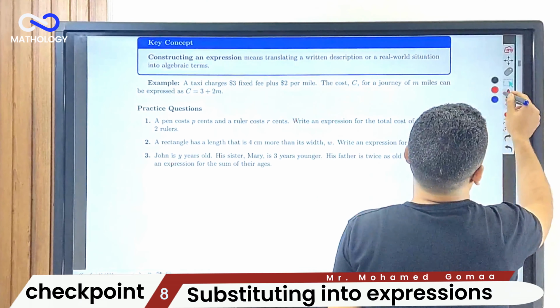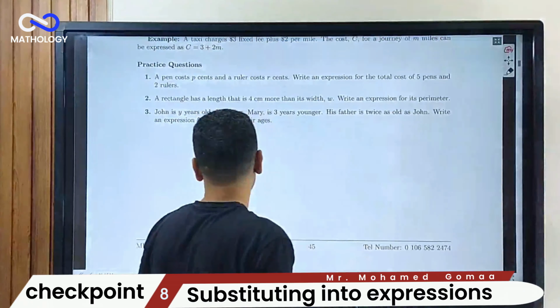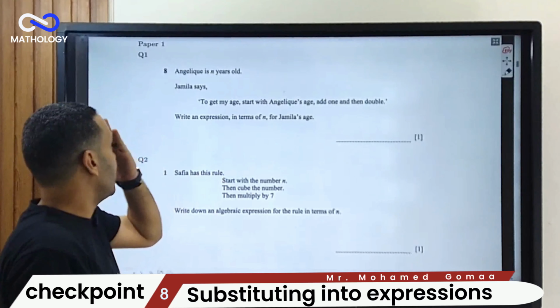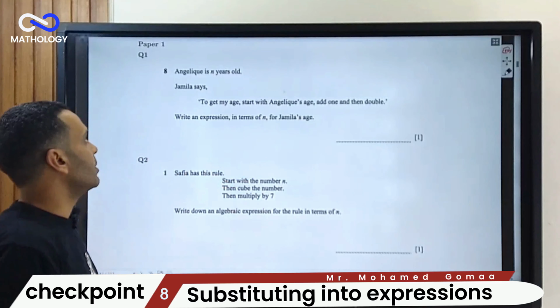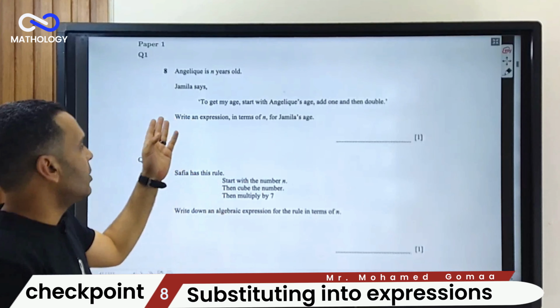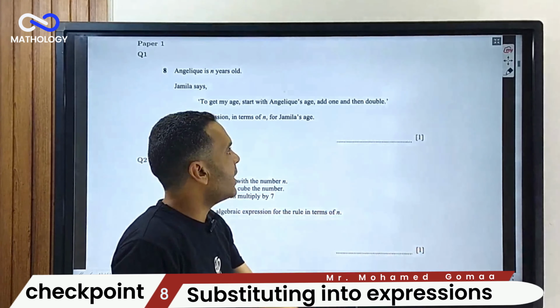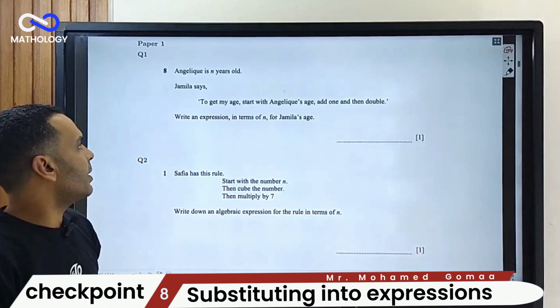Another one, to construct the algebraic expression. Angelic is n years old. Jamila says, to get my age, start with Angelic's age, add 1, then double.